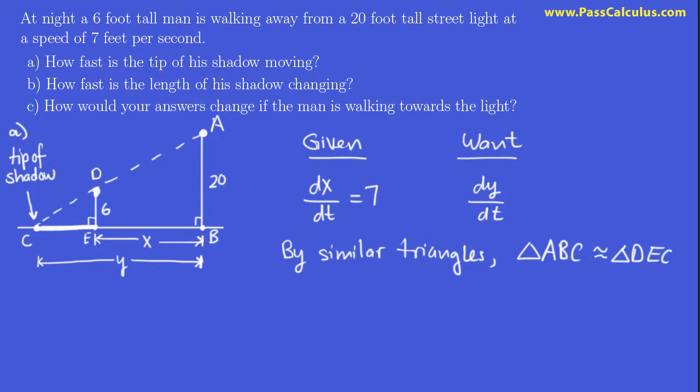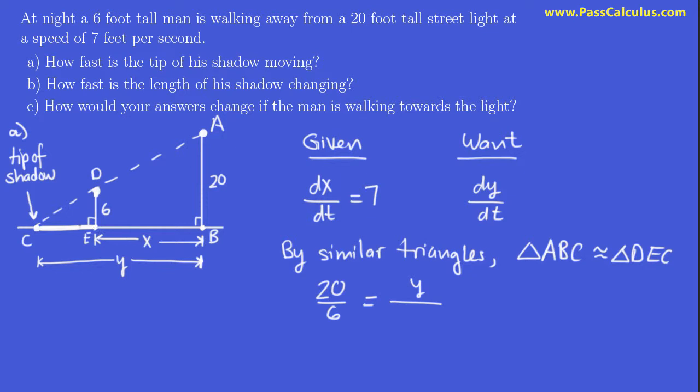Since those triangles are similar, we can use the fact that the ratios of their sides are the same. So 20 over 6, those sides correspond, would also be equal to the ratio of this long side here, side BC, over EC. What is the length of BC? It's Y. And now how about the length of this little side here, EC, the shadow?